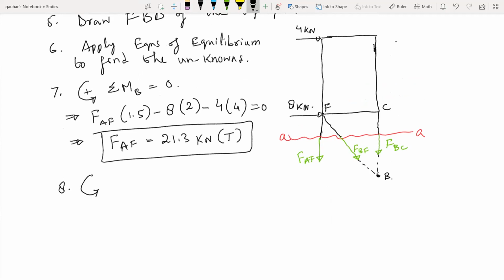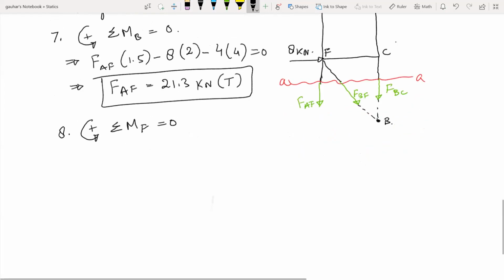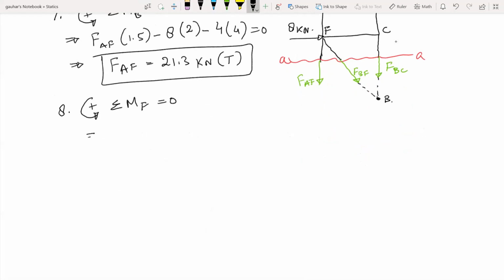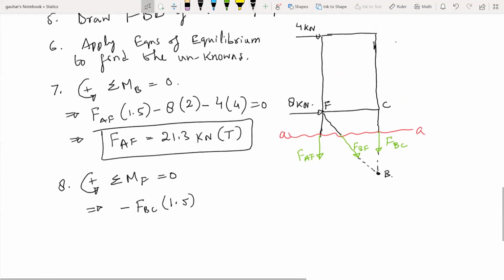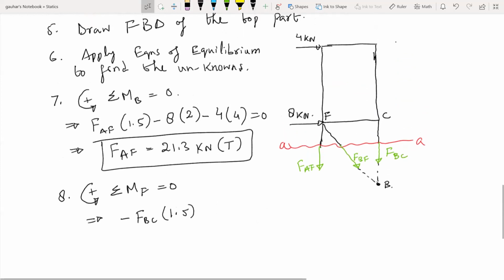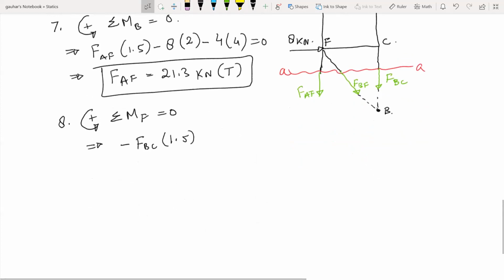So let's take moment, counterclockwise positive, summation of moments at point F equals to 0, right? So if you do that, what do you get? It's negative FBC times 1.5, that's the only unknown force, and then 8 kilonewtons is also gone because this is also passing through point F, right? So only external force which is creating moment is 4 kilonewtons.